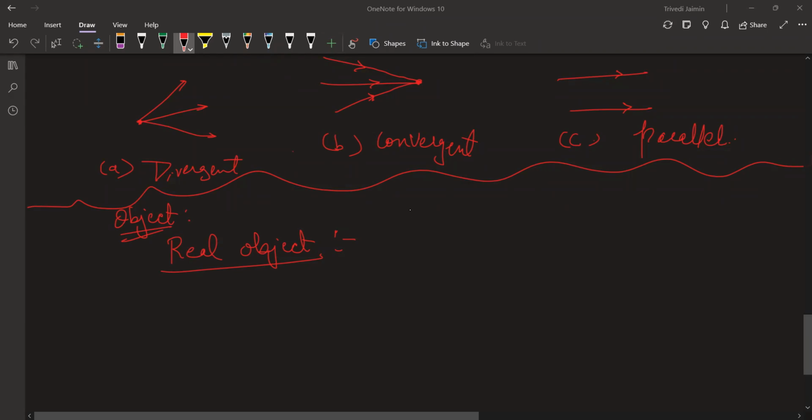Then what will be virtual then? The object that doesn't have mass. Okay, not that way. So a real object can be the object which is projected on a screen, and virtual is which is not projected on a screen.